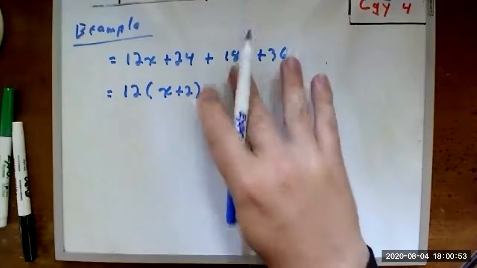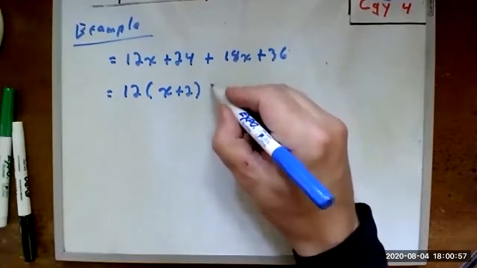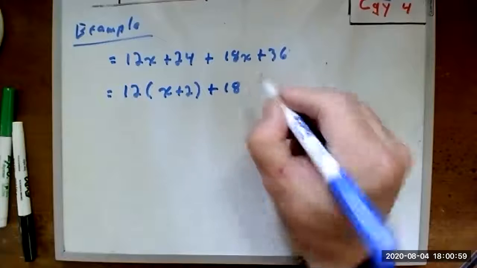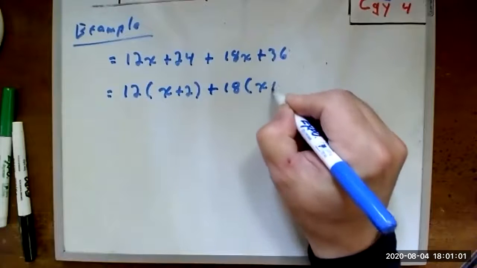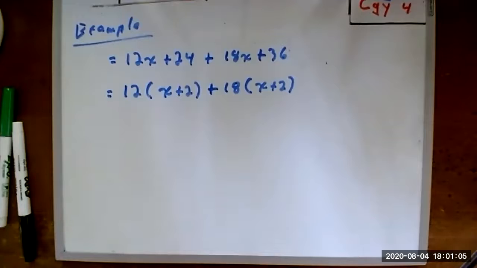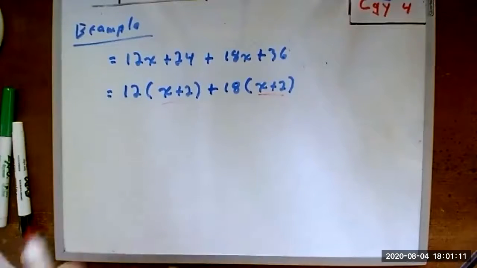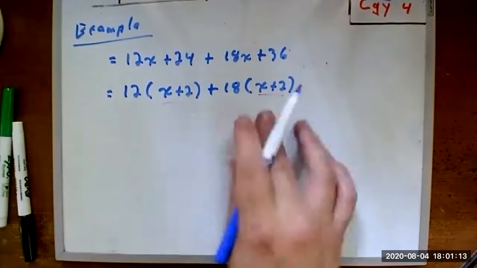Out of these first two terms, I can easily pull a 12, so I'm going to do that. And when I do that, I'm left with x plus 2. Out of these second two terms, I can pull out an 18, so I'm going to do that. And that's also going to leave me with x plus 2.